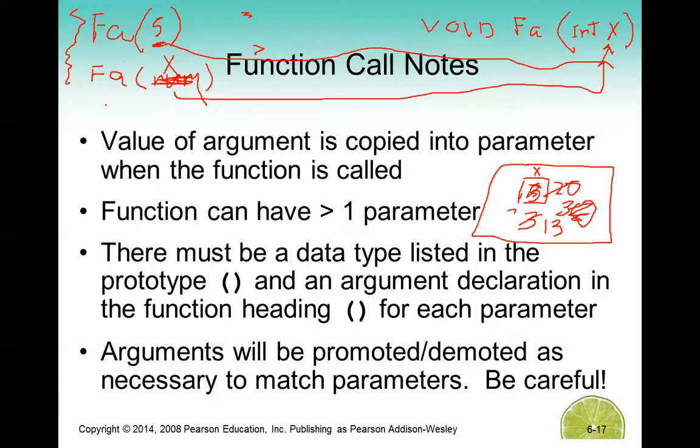So main is going to be reserving an area in main memory, and then this void FA function also has curly braces, right? So these curly braces indicate a different block from main. So they have this other area in main memory. So that's why I can have a variable called x here in main and a variable called x in FA. But there are two different x's, two different memory locations.